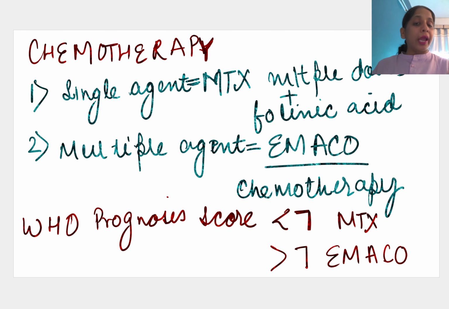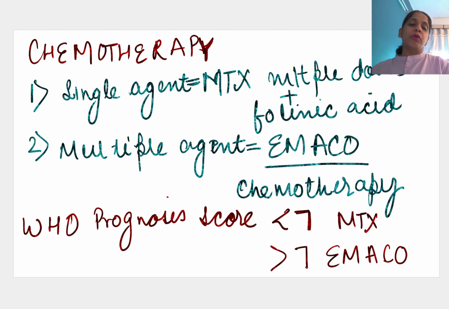If it is high risk, that is, the WHO prognostic score is more than 7, then we have to give EMA-CO. What is EMA-CO? Etoposide, methotrexate, actinomycin, cyclophosphamide, oncovin. These five drugs, multiple agents, if score is more than 7.